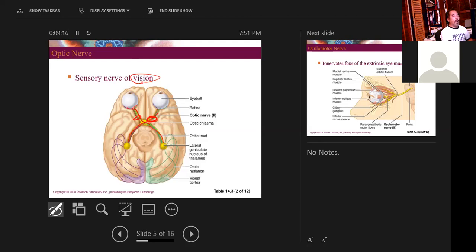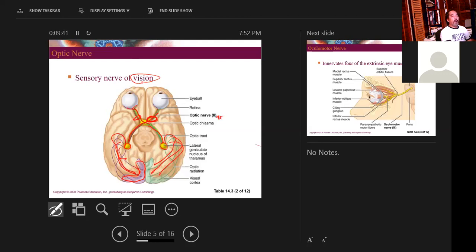The tract attaches to this nucleus called the lateral geniculate nucleus, and then they form what we call radiation. The radiation now is going into the occipital lobe, where the visual cortex is located. So the hole is going to be the optic canal. That's where the optic nerve enters.